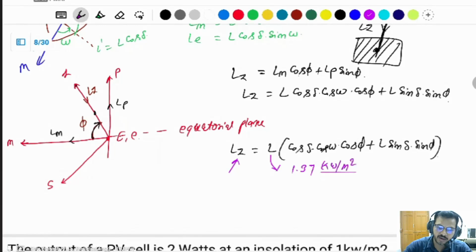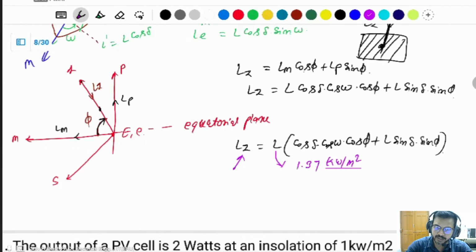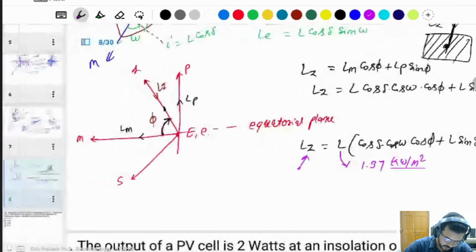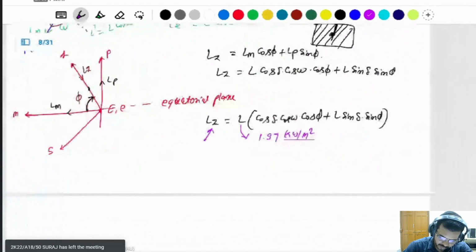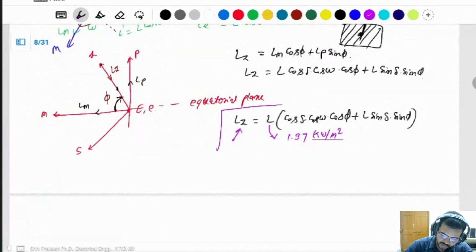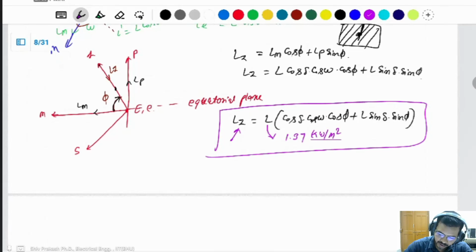This is outside the Earth's atmosphere, and this will be the insulation on the solar plate. You can calculate from here. If you have the declination angle, latitude angle and whatever angle, then you can calculate the actual effective insulation.